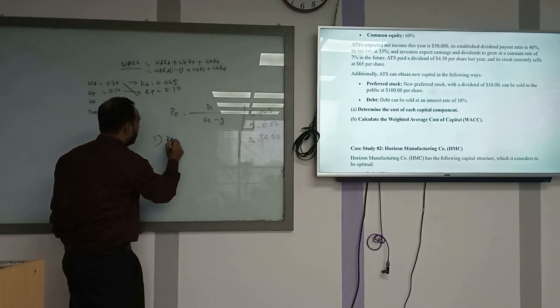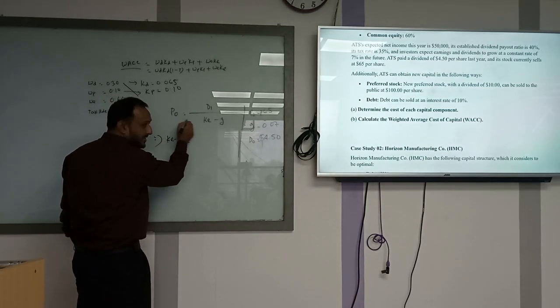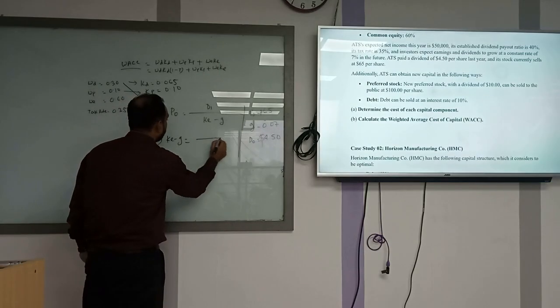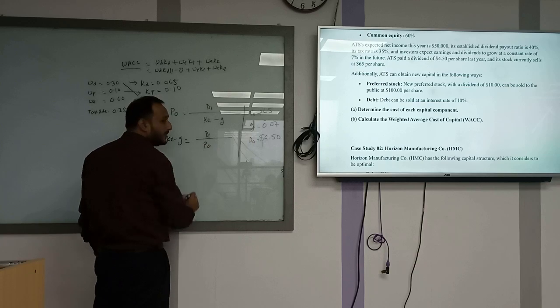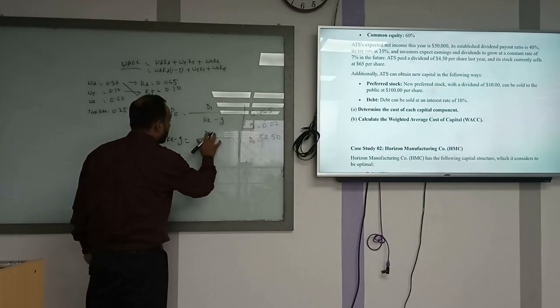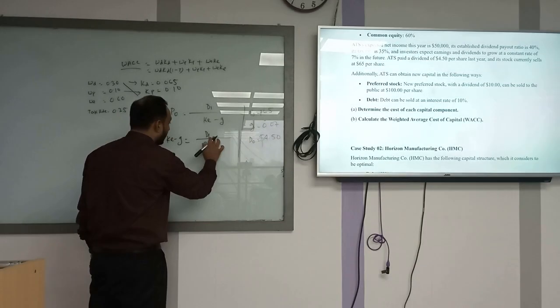How? KE is D1 divided by P naught, plus G. Now we need D1, but D naught is given.